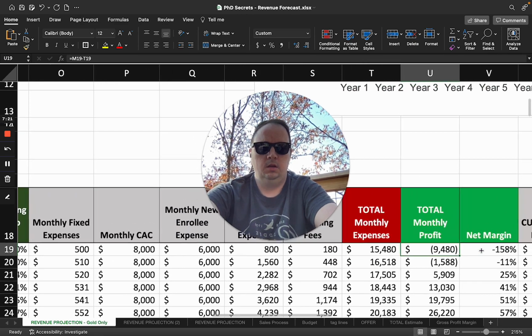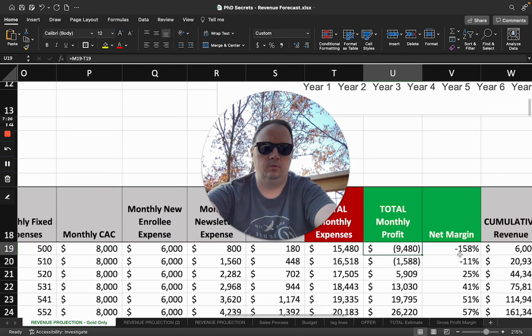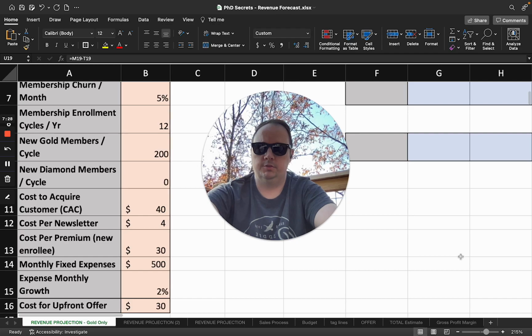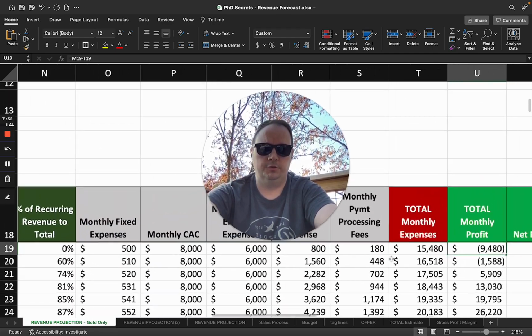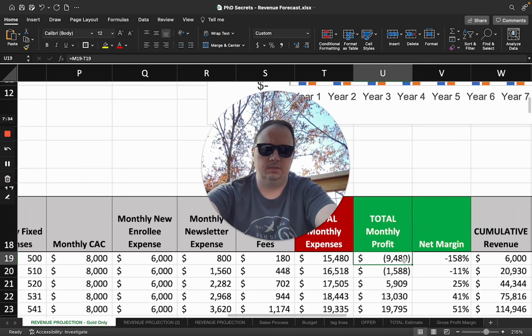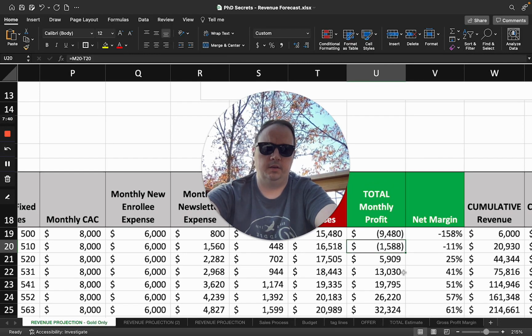So already in this scenario, which again was, I'm just going to acquire 200 members on my gold membership, I'm going to be out of pocket almost 10K the first month. Second month, if I do that again, I'll be out another 1.5K.